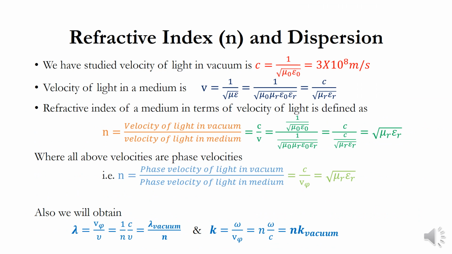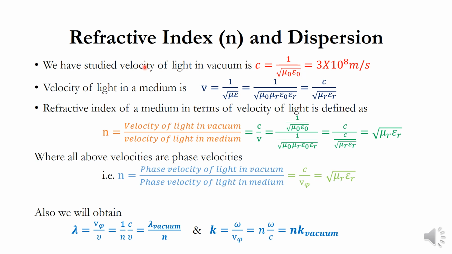Now, we will see what is the relation between refractive index and dispersion. We know that the velocity of light in vacuum is c is equal to 1 by root mu 0 epsilon 0, which is equal to, substituting the values of this mu 0 and this epsilon 0, 3 into 10 to the power 8 meter per second.